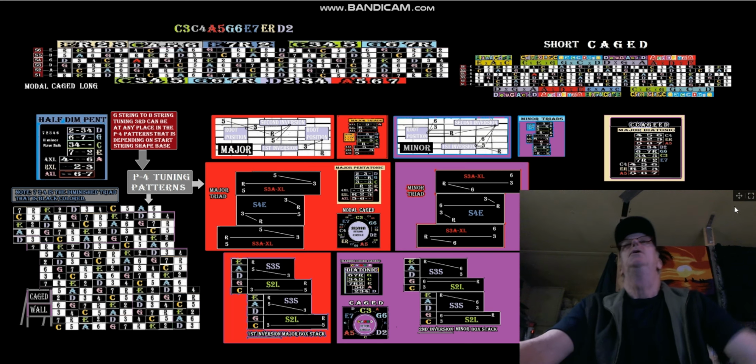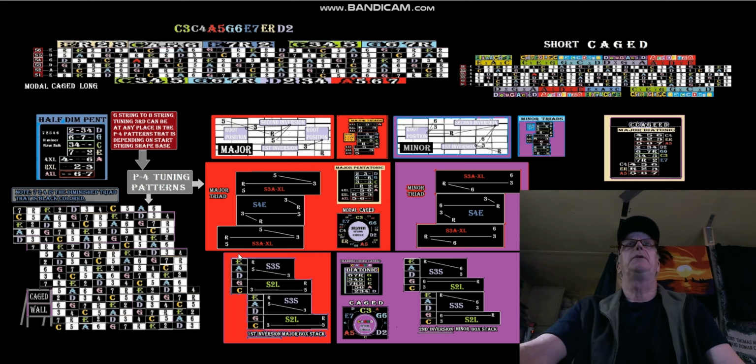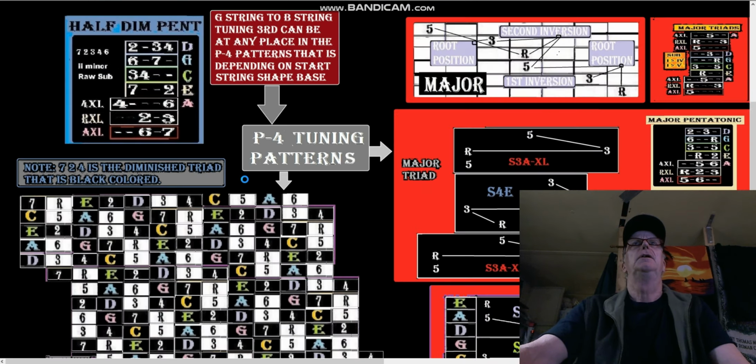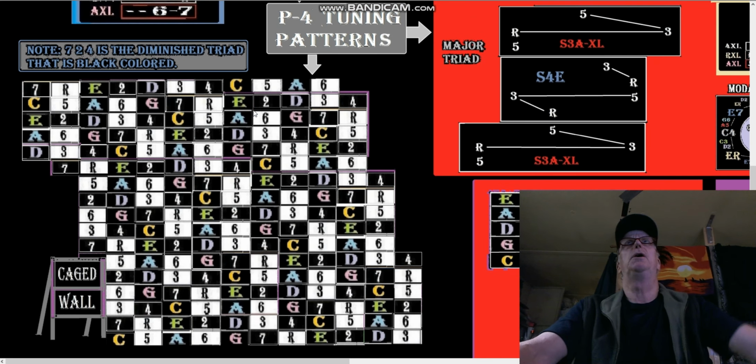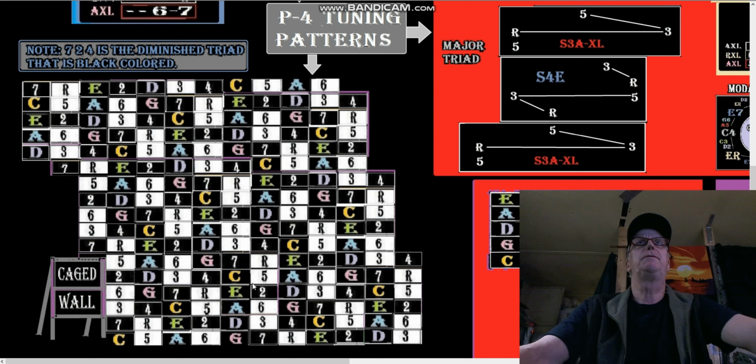Okay, so what this chart's about, we have the caged wall over here. This is P4 tuning over here. Now I know this is kind of a tough thing to jump right into. So this is a P4 tuning pattern, which is just like the bottom four strings of your guitar, and then the tuning between the top two strings of the guitar, but not between the fourth and the fifth string.